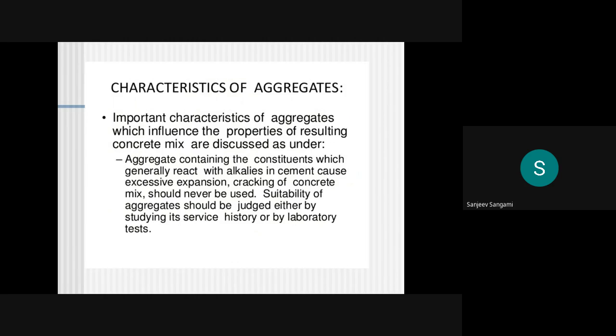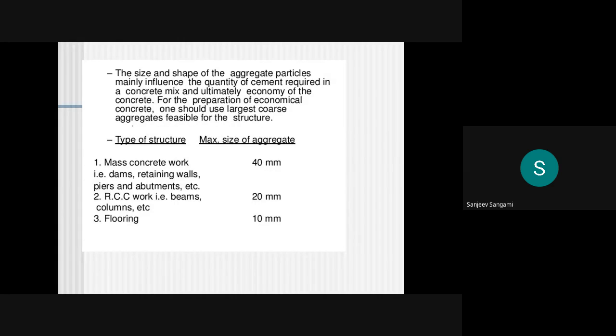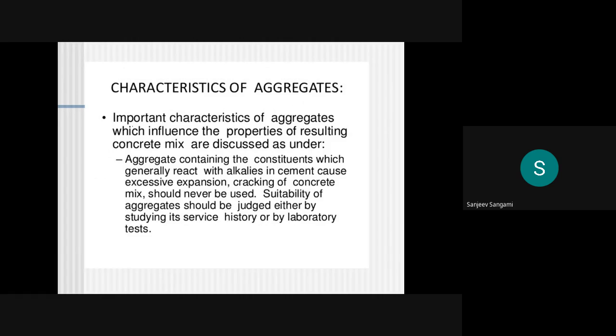Then, characteristics of aggregates. Aggregates containing constituents which react with alkalis in cement, causing excessive expansion and cracking of the concrete mix, should never be used.